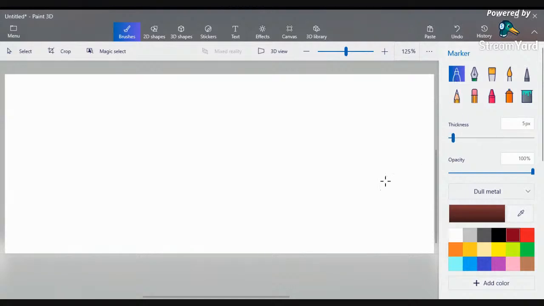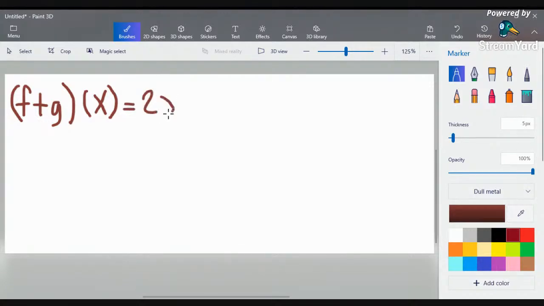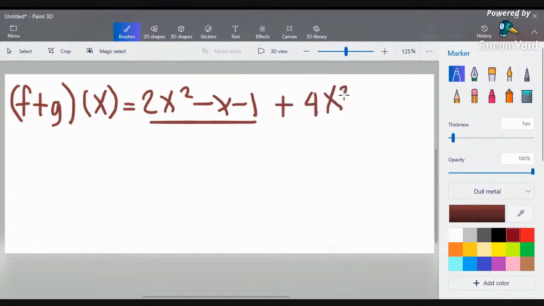Your given is f of x is 2x squared minus x minus 1 and g of x is 4x squared minus 1. So first is we have to find f plus g of x. So that is 2x squared minus x minus 1, this is your f of x, plus 4x squared minus 1.